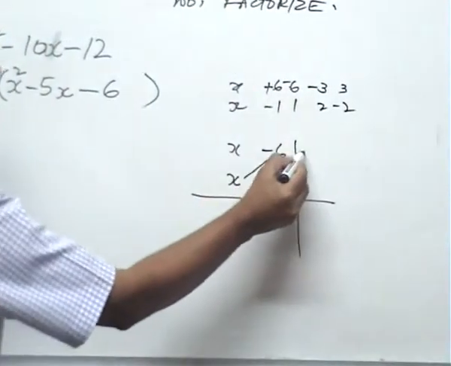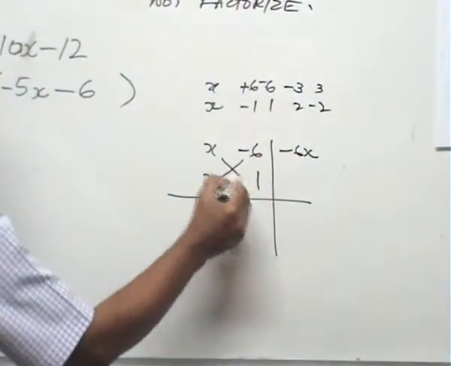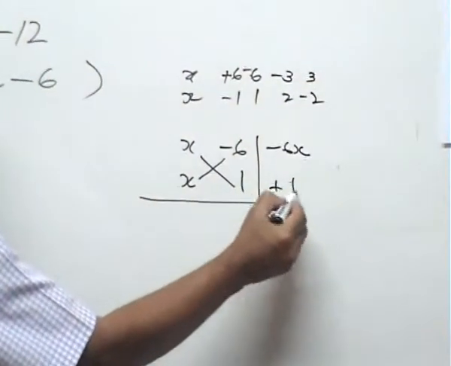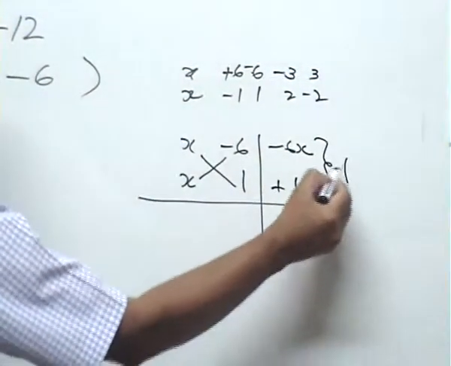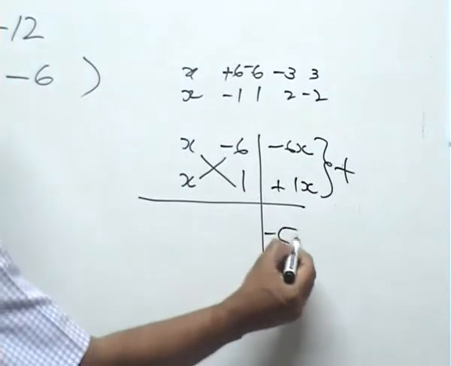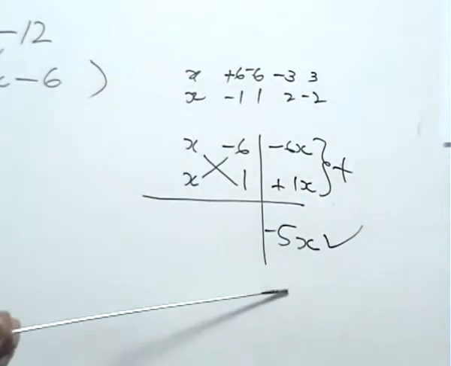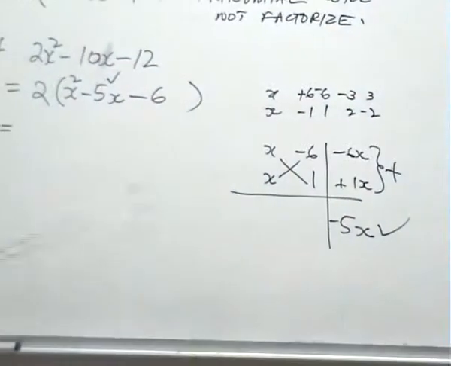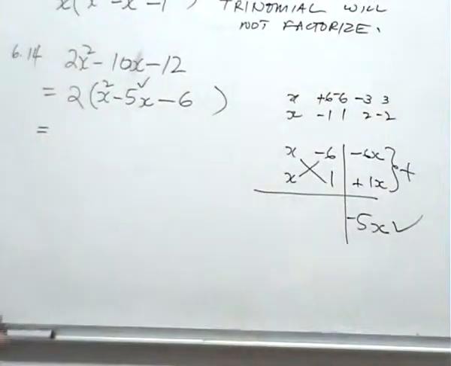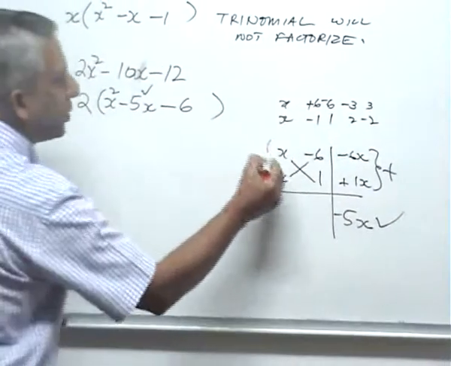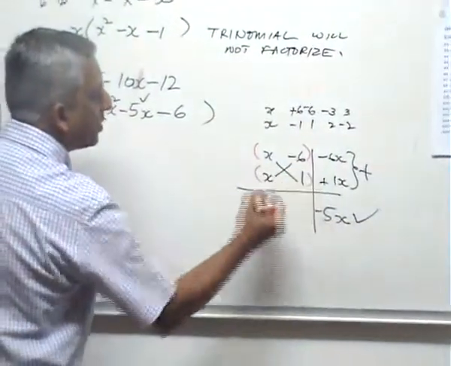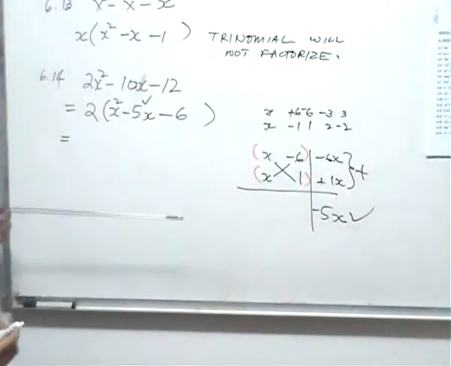If I multiply that, I get minus 6x. If I multiply that, I get plus 1x. I must then add them up. When I add them up, I get minus 5x. And when I check there and I check here, it's exactly the same. Minus 5x, minus 5x. So what happens? The top 2 goes in one bracket, the bottom 2 goes in one bracket.